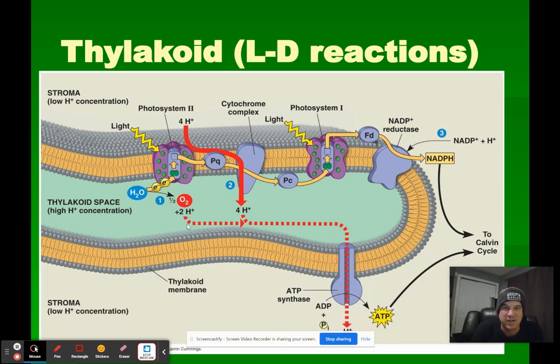So notice high energy electrons used to pump protons. A high concentration is created. The protons can diffuse through ATP synthase. Then, by the way, those protons end up right back out here. And if you get more light energy and more electrons from water, you could just keep this process going. All right, and then those electrons that eventually end up in photosystem 1 get re-excited by light and end up in NADPH.